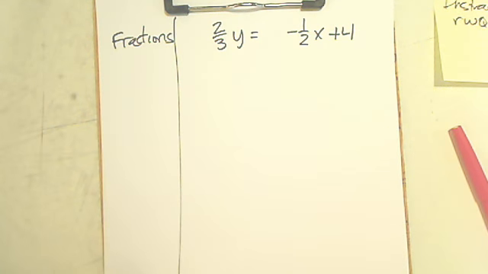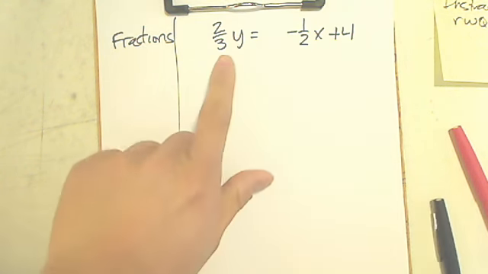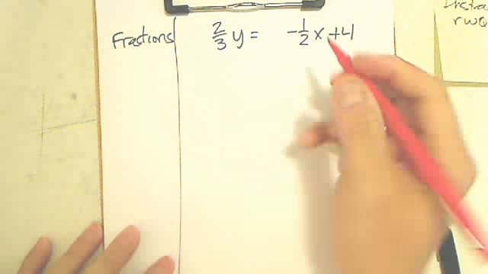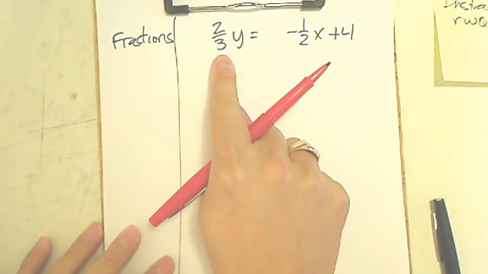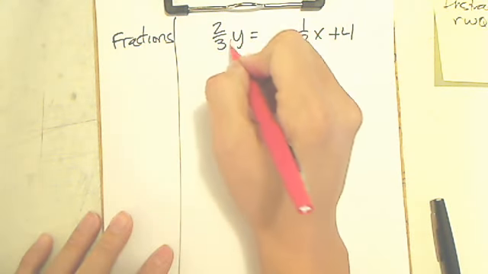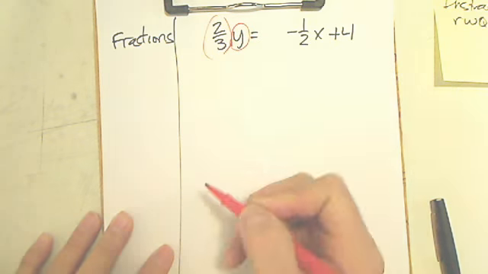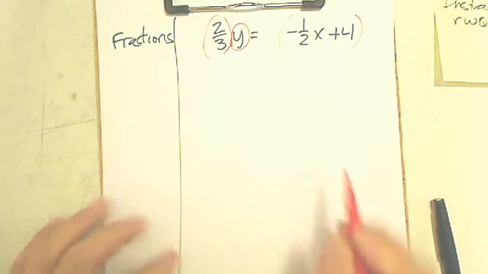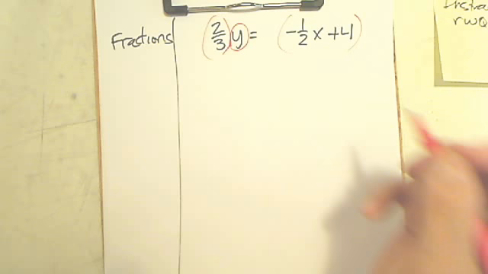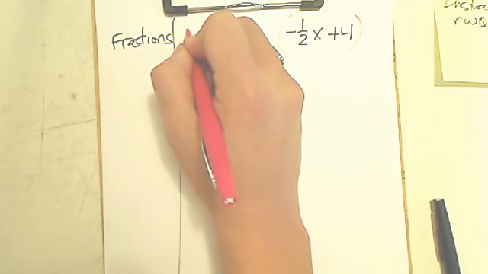What am I trying to solve for? In this case, let's solve for y equals. But what do I have to get rid of? Get rid of the 2/3. To get y by itself, get rid of 2/3. Flip it.